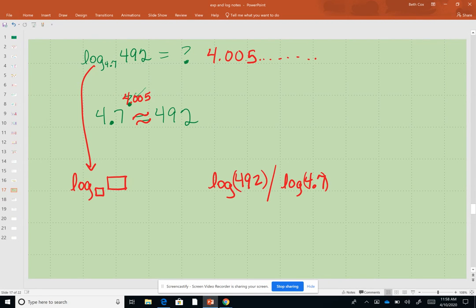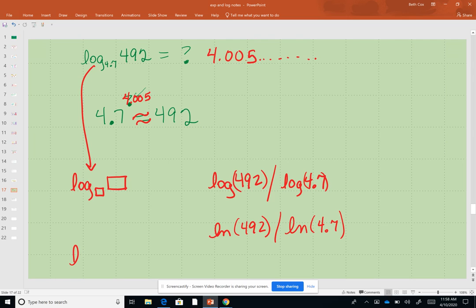So make sure you pay attention to that. And you can do natural log of the big number divided by natural log of the little number and get that. And so just remember that this is a decimal, and you're going to get decimal answers. You can get decimal answers with others. It just depends.